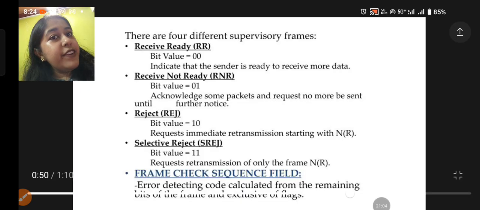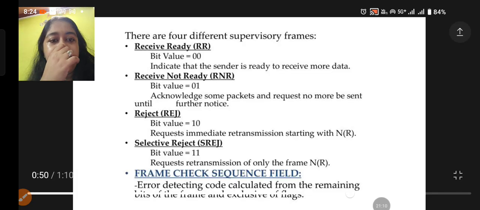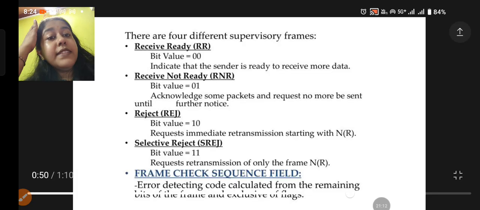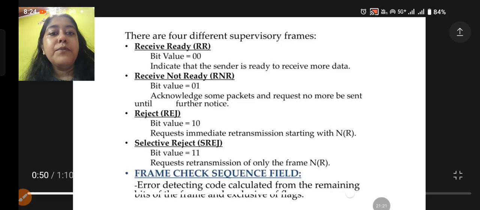The last one is selective reject, SREJ, with bit value 11. It requests retransmission of only the particular frame that has been requested, that is NR.